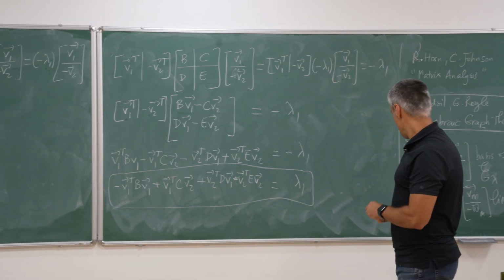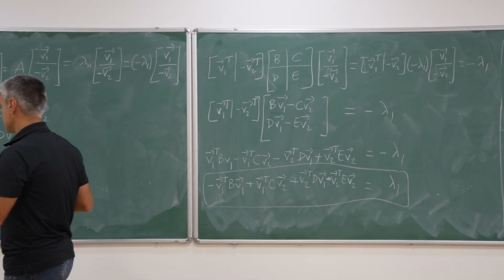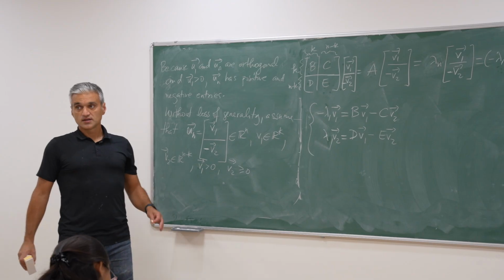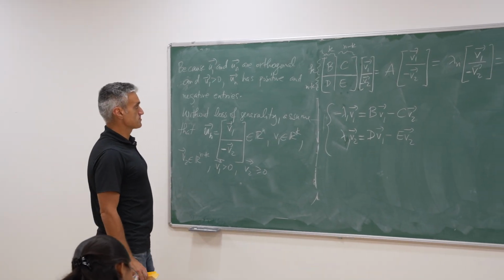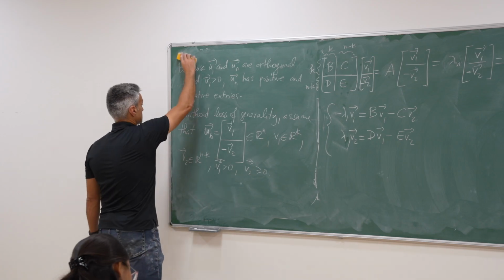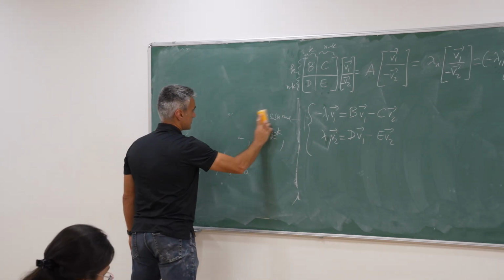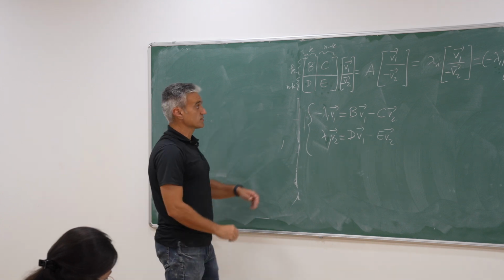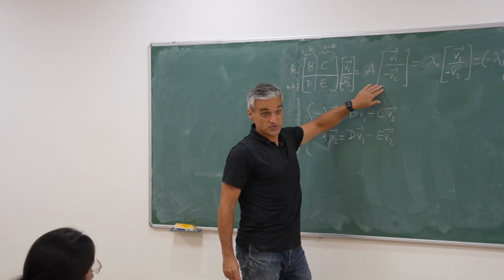All right, but there's one thing that we haven't used: lambda 1 is the largest eigenvalue. So let me erase here. Again, remember, we started with this vector v for lambda n, which has this partition v1, minus v2.